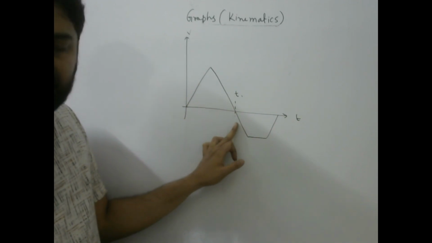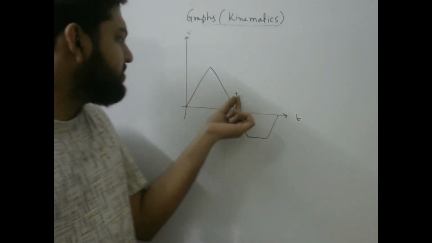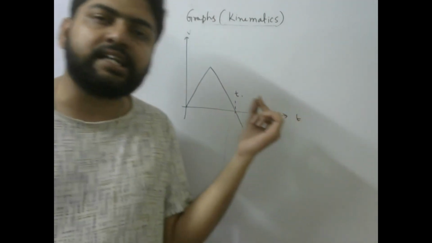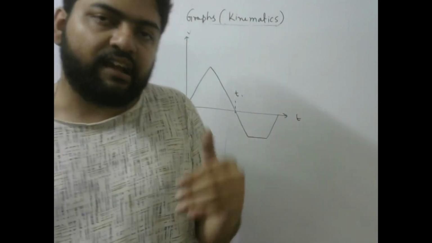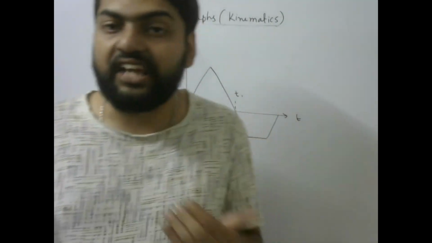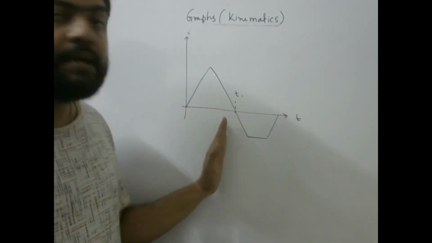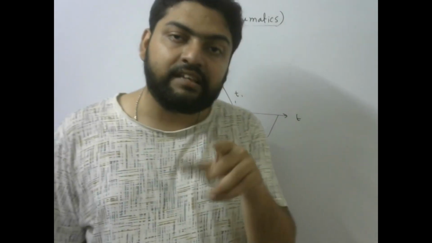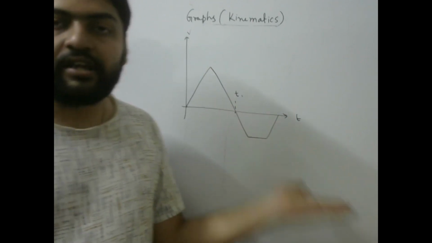So it goes below the time axis. So at t equals t1, the particle changes direction. The number of times the velocity time graph intersects the time axis will be the number of times it changes direction of motion. Here it has intersected the time axis only one time, so it has changed its direction only once. Initially it was positive, so next it will be considered negative.